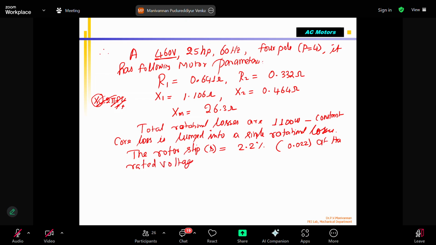And frequency. Frequency already given, 60 hertz. What they are asking is to compute, A, the speed. B, the stator current, we know it is nothing but I1. Then the power factor.